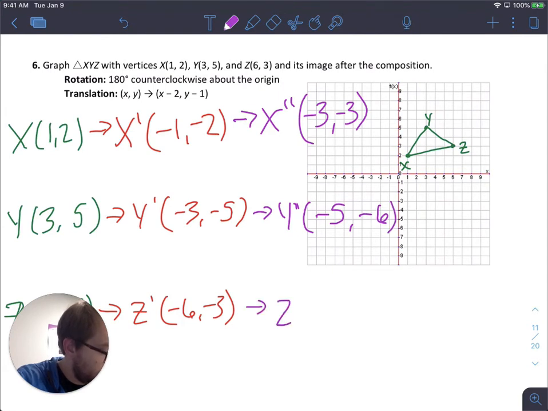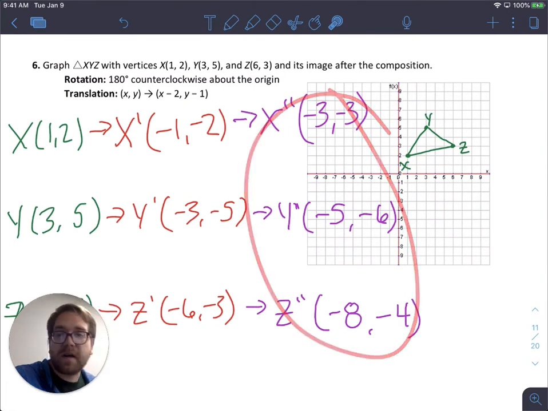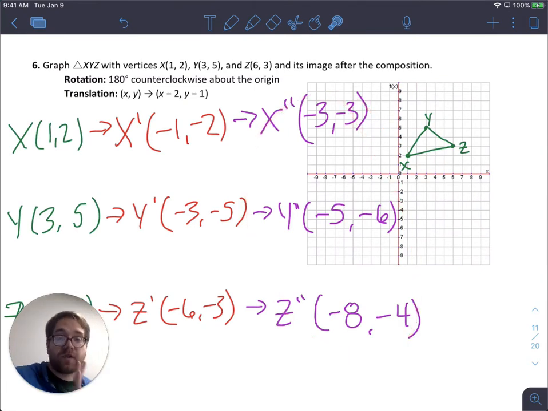And then Z double prime: -6 minus 2 is -8, -3 minus 1 is -4. So again, just using my rule here, subtracting 2 from each of the x's, and subtracting 1 from each of the y's. And that's how I get these points. So these are my rotated and then translated points. So that's the composition transformation.